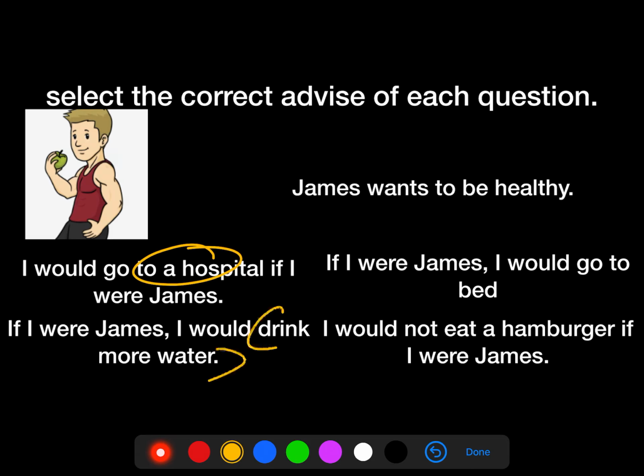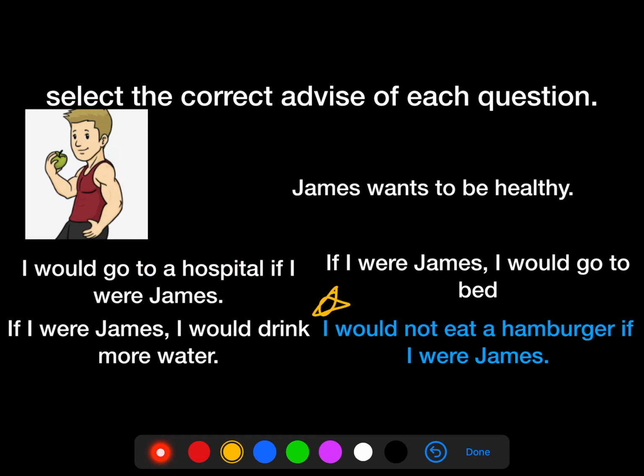Drink more water. I would go to bed. Go to bed. I would not eat a hamburger. So which would be the correct advice for James? The answer is I would not eat a hamburger if I were James is the right answer. Very good.